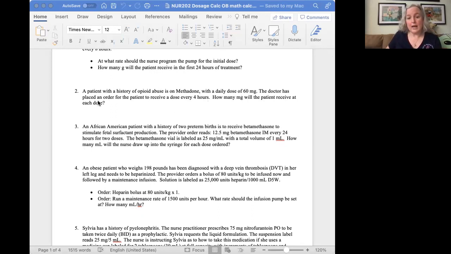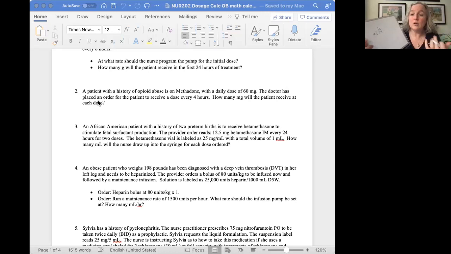So we know we're going to give a total of 60 milligrams and that the patient is getting their doses every 4 hours. So in a 24-hour period, we are giving it every 4 hours, so the patient is going to receive 6 doses.